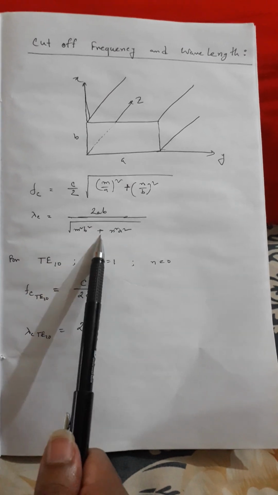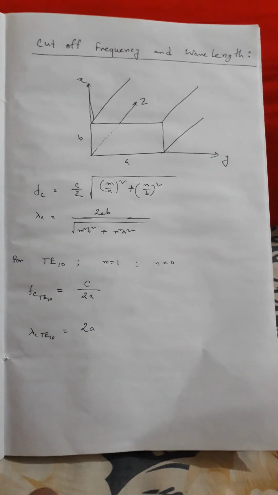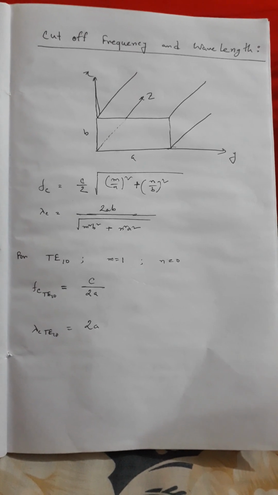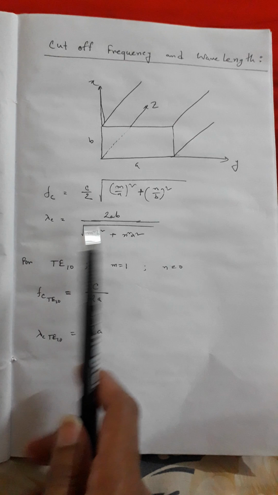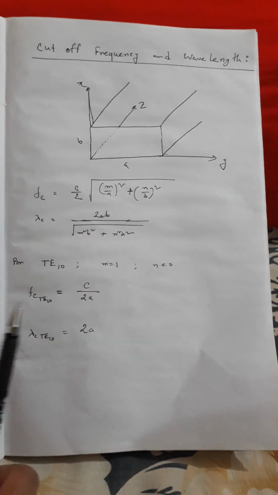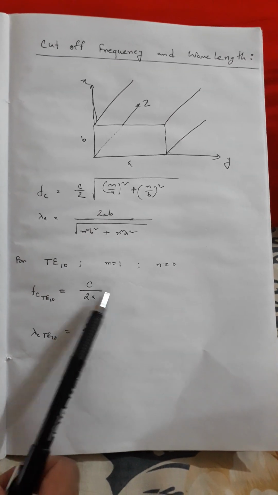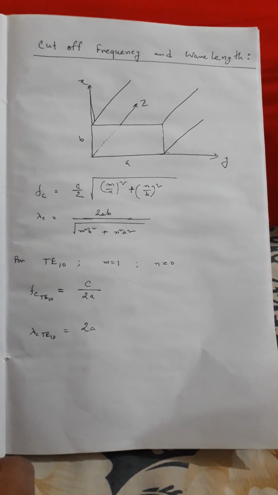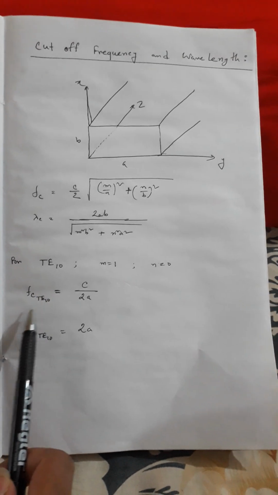So this is how we find the cutoff frequency and wavelength using these two equations, and the dominant modes for rectangular waveguides.